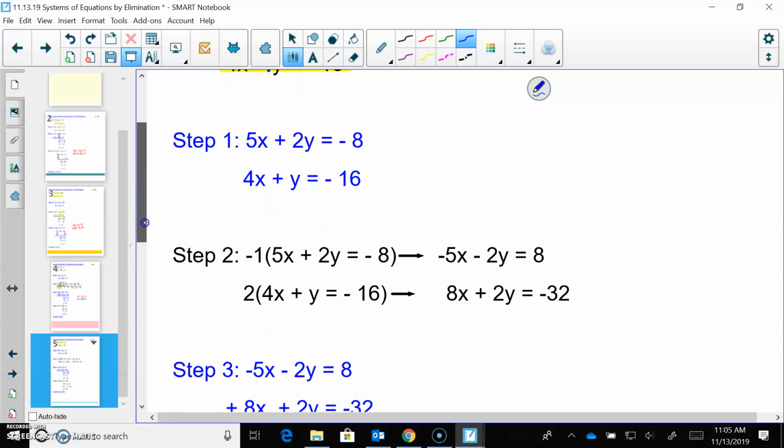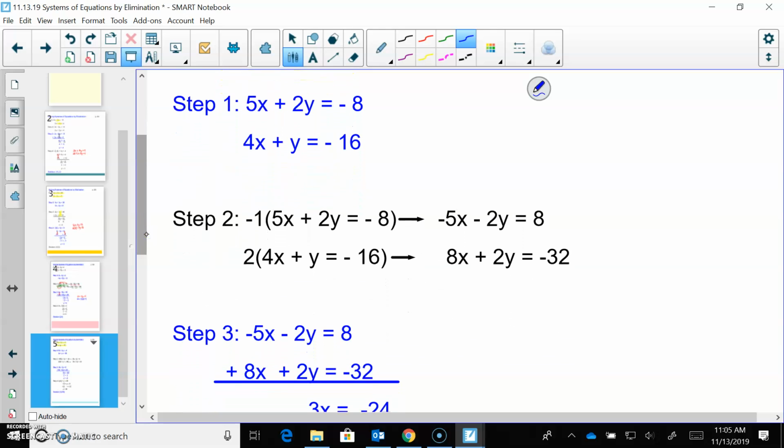So that leads me to go into step 2, okay? Because I have a 1 at the bottom, I'm going to multiply the top by a -1. The reason why I'm multiplying by a negative is because the signs are the same for the y. I have a +2 and a +1. One of them has to be negative. So I just chose to multiply the top by a negative.